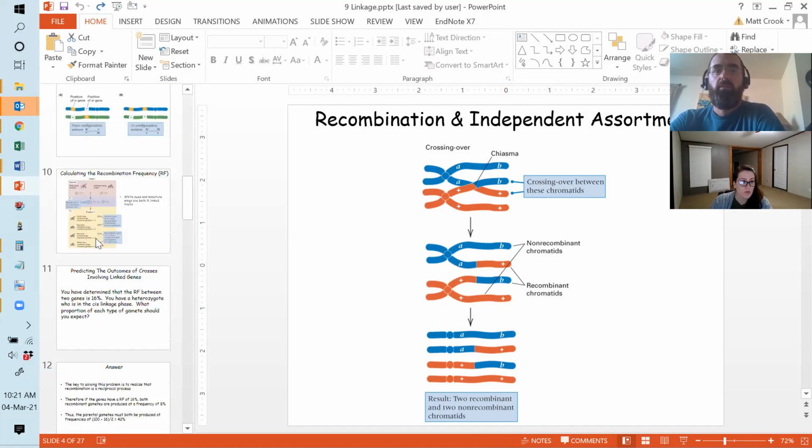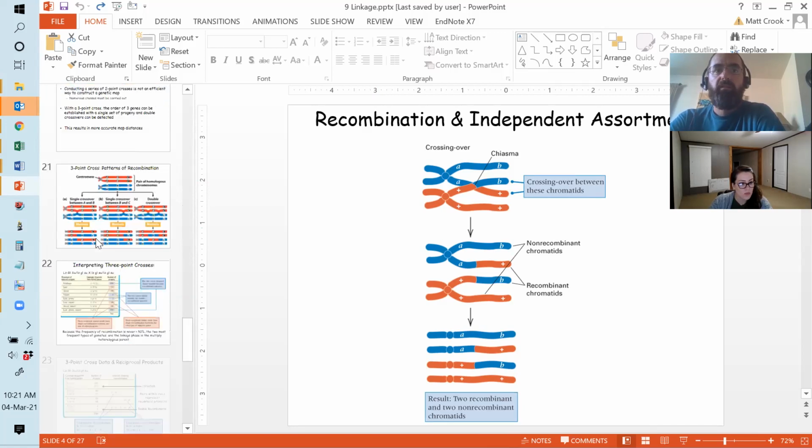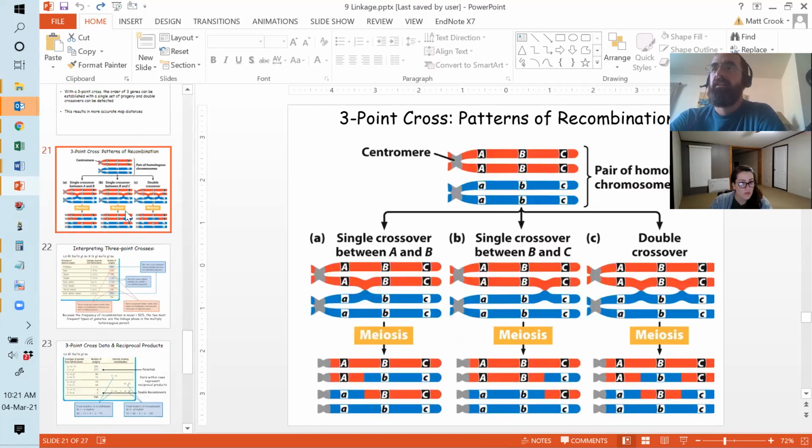When we get into, where are we at? Down here, feast your eyes, right? You can't assume that the gene order is going to be ABC. It might be ACB or BAC or whatever, right?